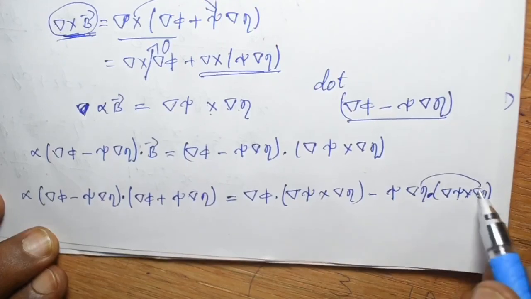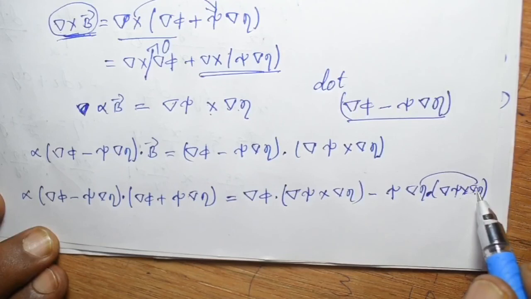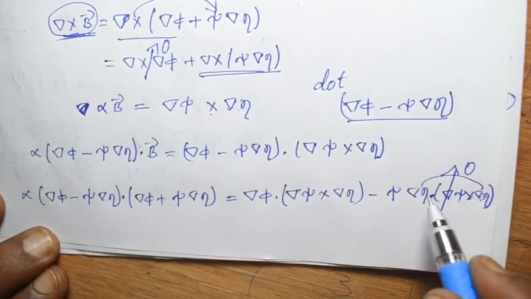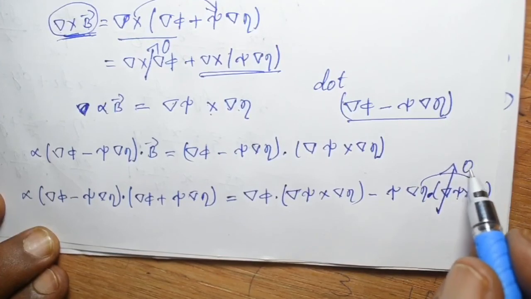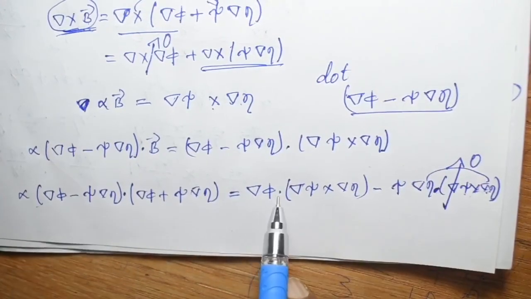But one term becomes gradient of eta cross gradient of eta. The cross product of the same vector becomes 0. Therefore, the remaining is like this.